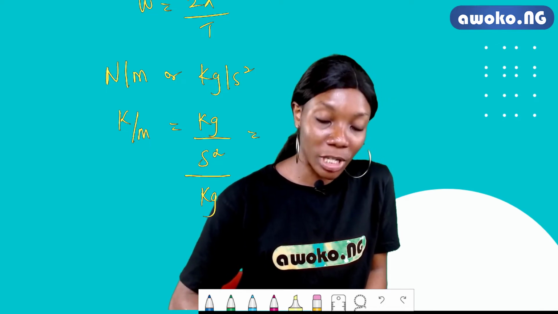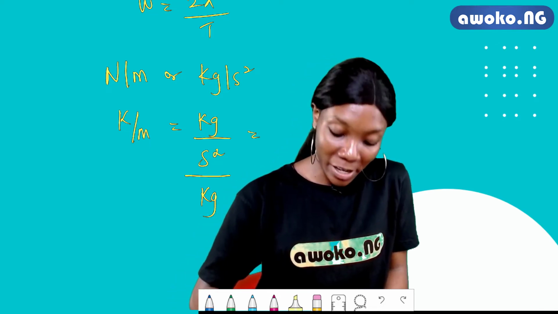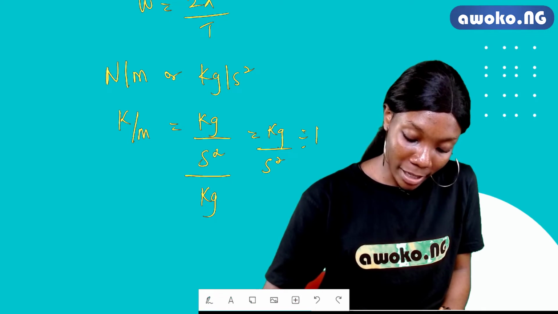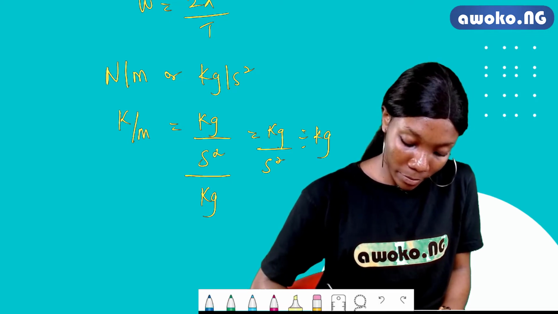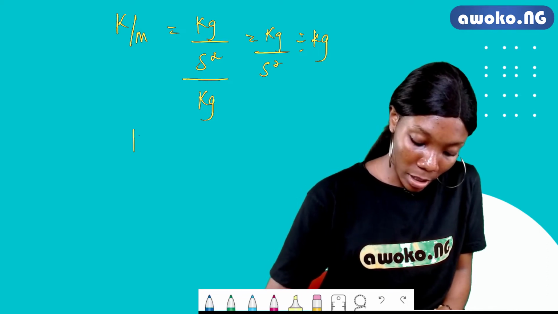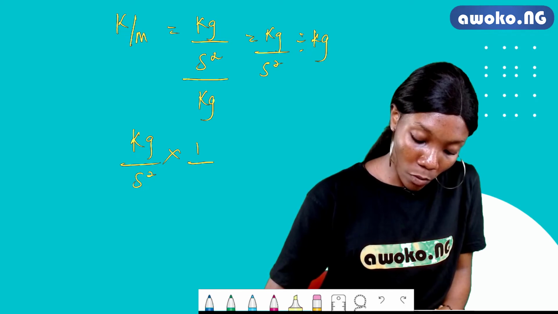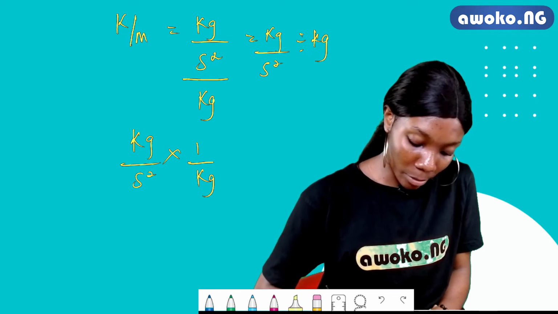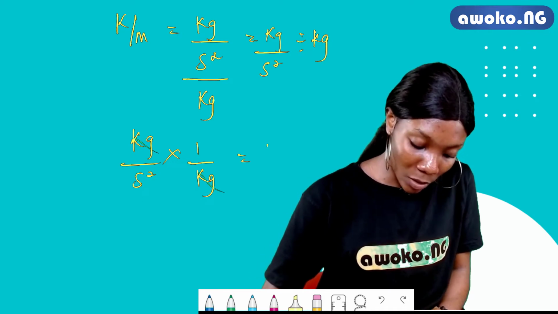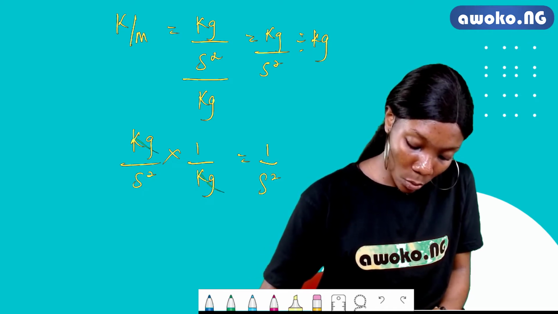So we're trying to get the total overall unit, okay? So we have kilogram per second squared times 1 over kilogram. Taking the inverse is what we did. So they cancel out, and we have finally 1 over s squared.